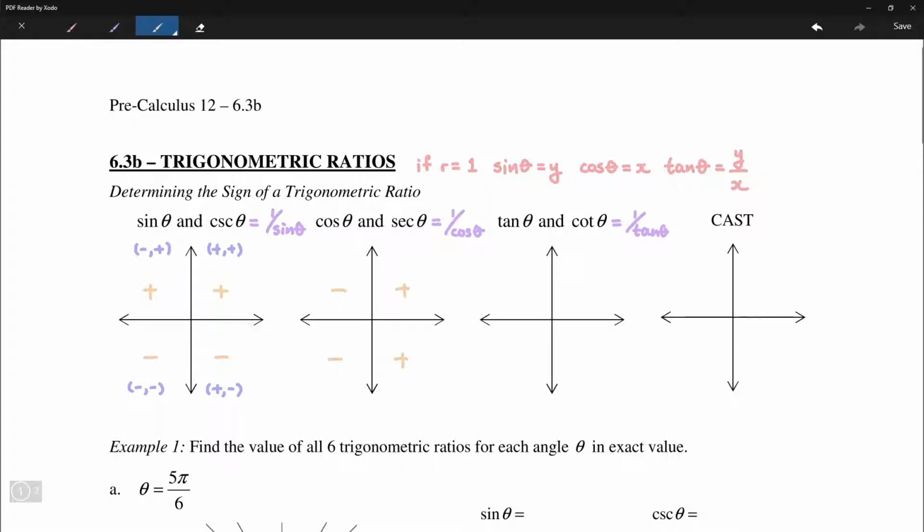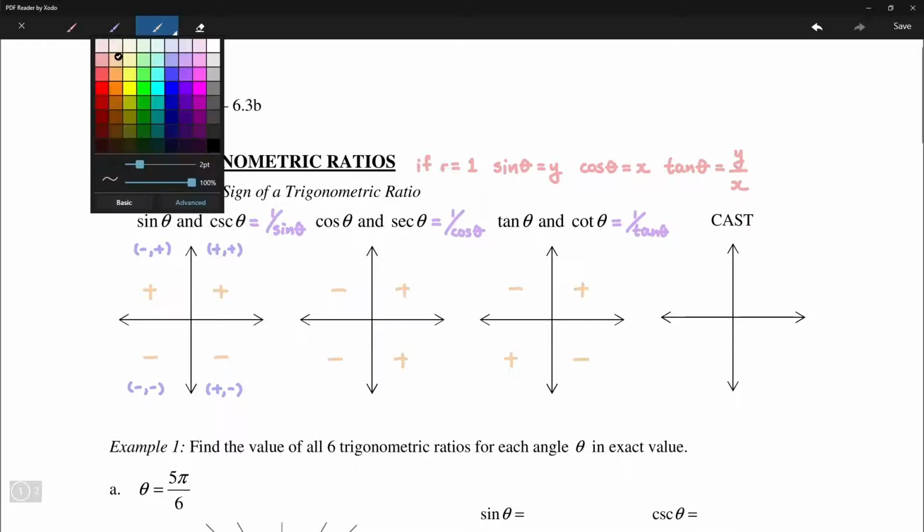And next we have tangent and cotangent theta, and that will be positive in quadrant 1, negative in quadrant 2, because one of x and y is positive, the other being negative, so the ratio will be negative. In quadrant 3, since both x and y are negative, the quotient there will be positive. And finally, in quadrant 4, x is positive but y is negative, so the quotient will be negative there.